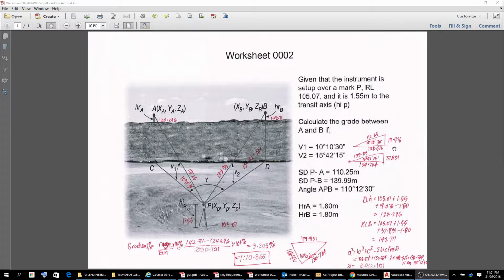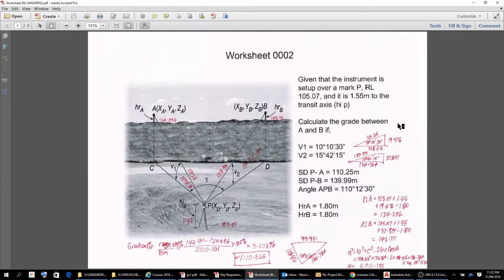So if we go sine 10 degrees, 10 minutes 30, opposite over the hypotenuse, that will give us 19.476. So that's sine 10 degrees, 10 minutes 30, 19.476. Cosine of 10 degrees, 10 minutes 30 times 110.25 will give us 108.516.